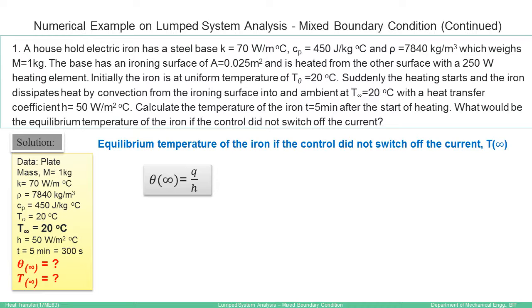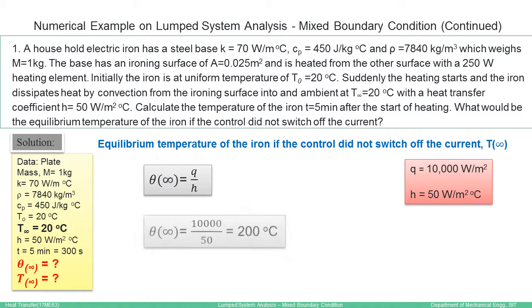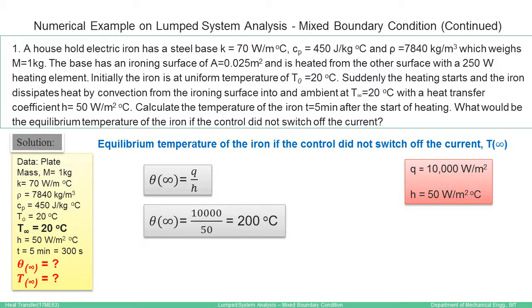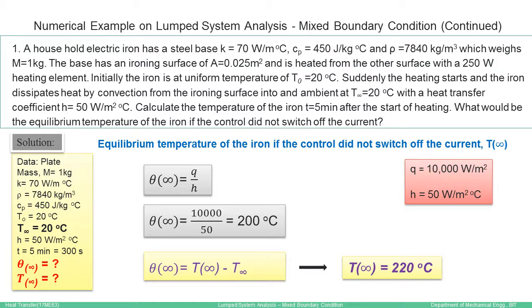This is the equilibrium temperature for the mixed boundary conditions. q is calculated as 10,000 watt per meter squared and h is given as 50 watt per square meter per degree Celsius. Substituting these values, we get θ∞, the difference in temperature, as 200 degrees Celsius, and because of which we get T(∞) equal to 220 degrees Celsius. This is the equilibrium temperature of the iron after reaching its equilibrium conditions.